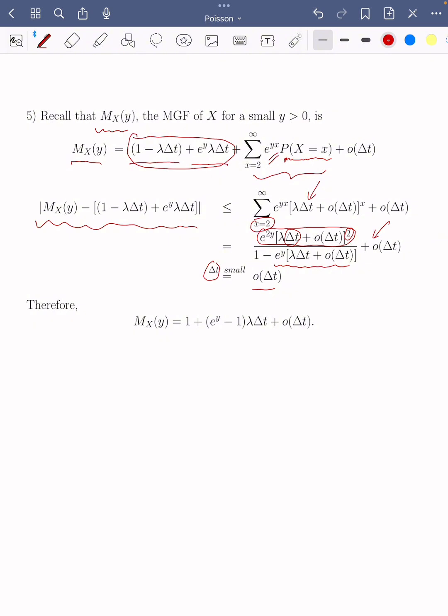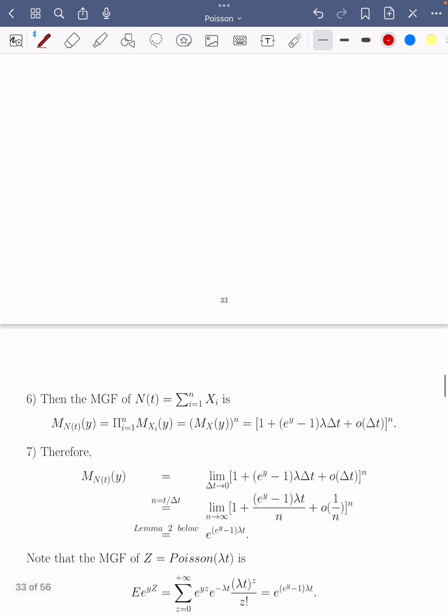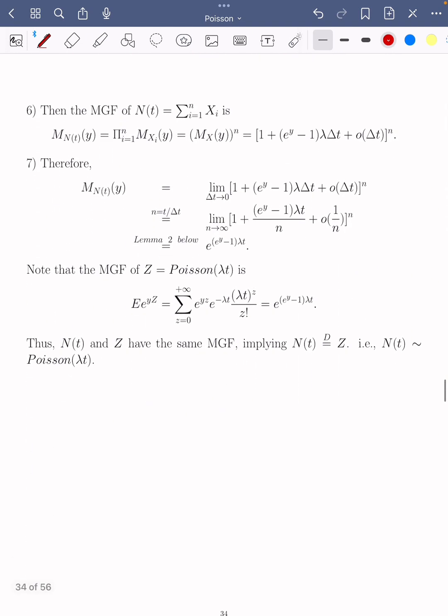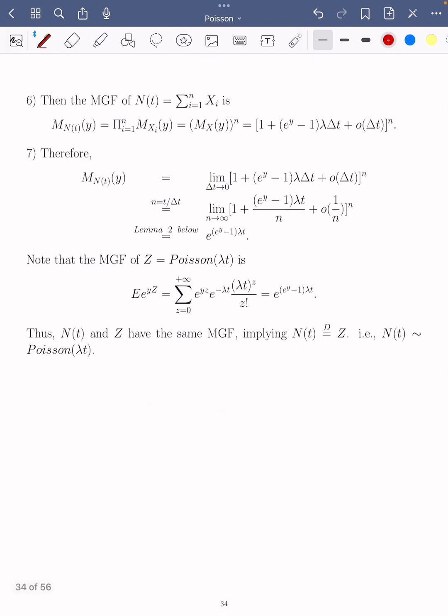So therefore, we established that the moment generating function for x is equal to 1 plus e to the y minus 1 times lambda times delta t, which is coming from this term, and then plus little o of delta t. And the moment generating function for N_t is just equal to the product of the moment generating functions for each of these x_i.